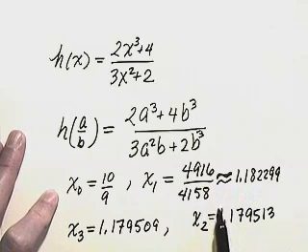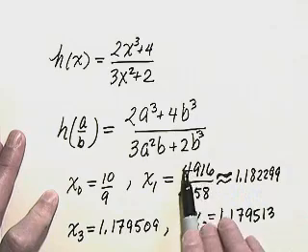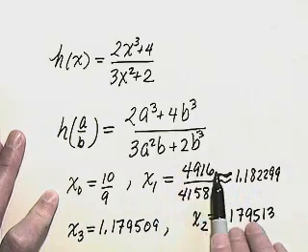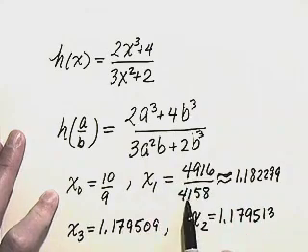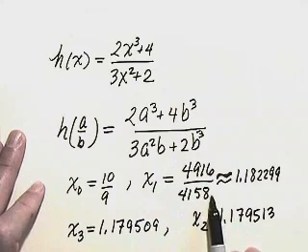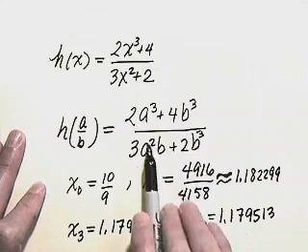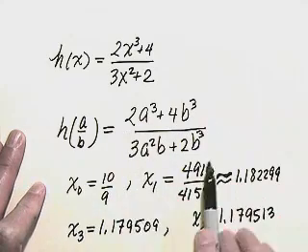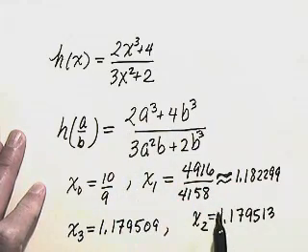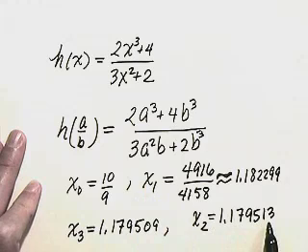1.182299. So now we'll replace a everywhere by 4,916 in this expression and replace b everywhere by 4,158. And when you do that, even with your calculator, you'll get about a 20-digit number, and you can calculate that pretty easily. It comes out to 1.179513.